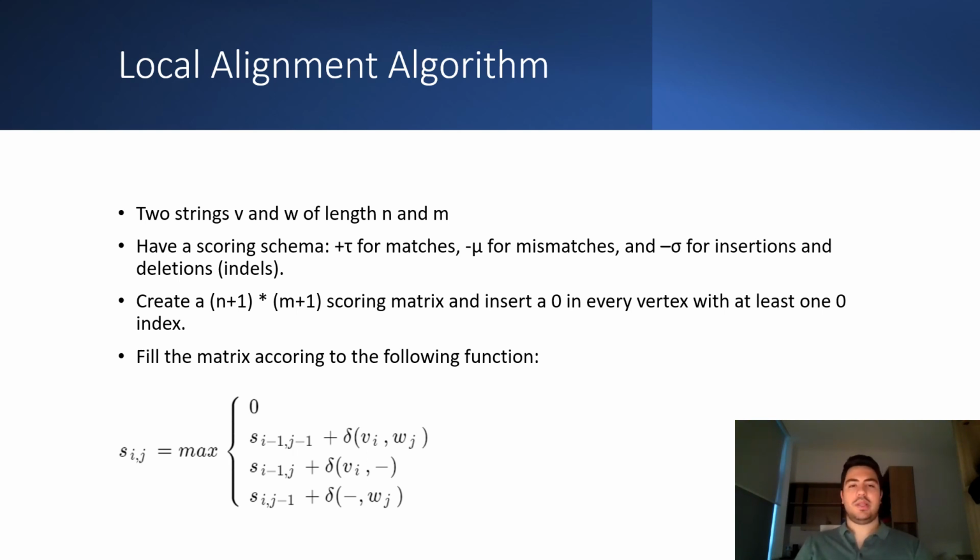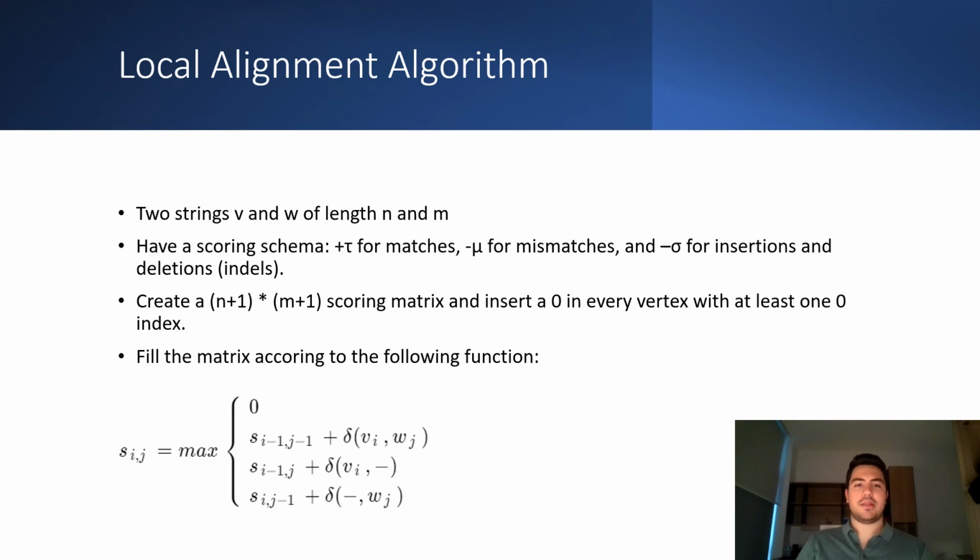When we have those, we need to create an n plus 1 by m plus 1 scoring matrix and insert a 0 in every vertex with at least one 0 index. Then we fill the matrix with the given formula.